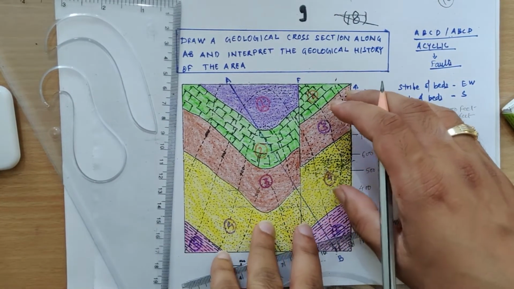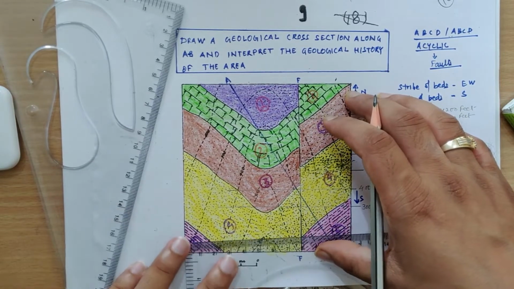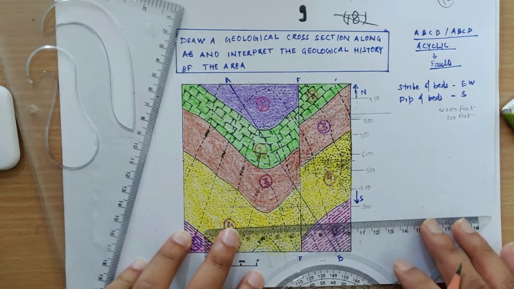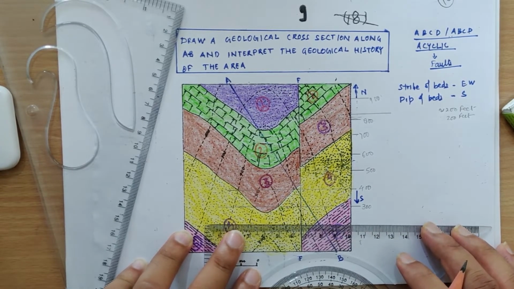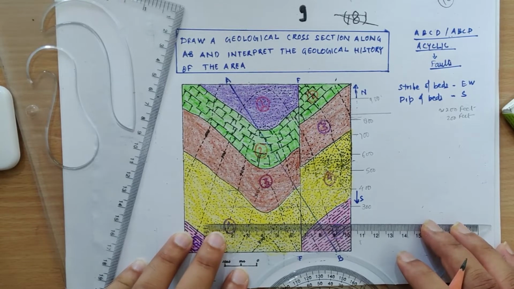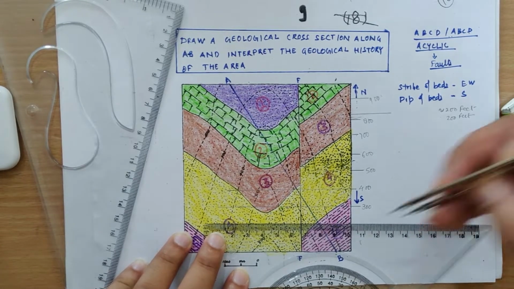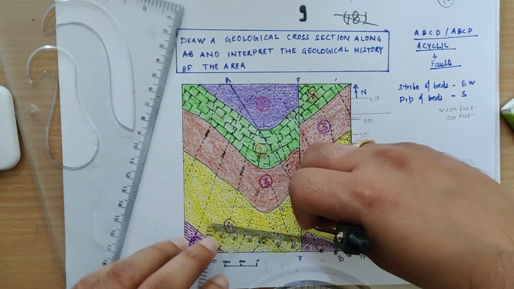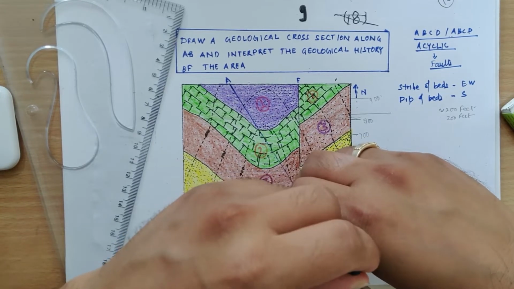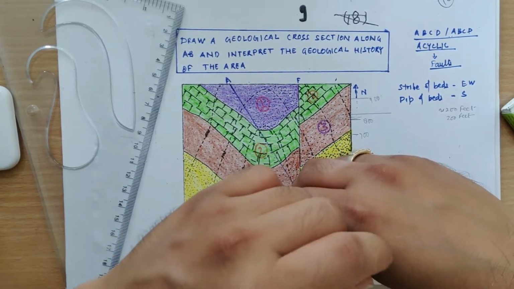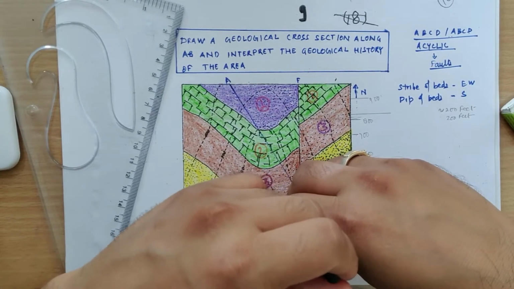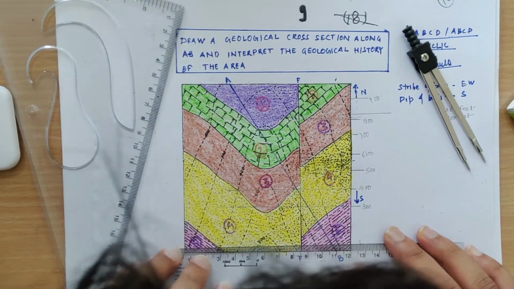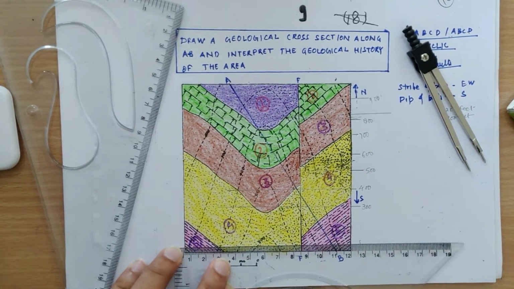We are already getting the fourth one. So we can determine the thickness of fourth one as well if we draw the strike lines in this direction as well, taking approximately similar amounts. So over here, another over here. So this is roughly passing through this particular point.